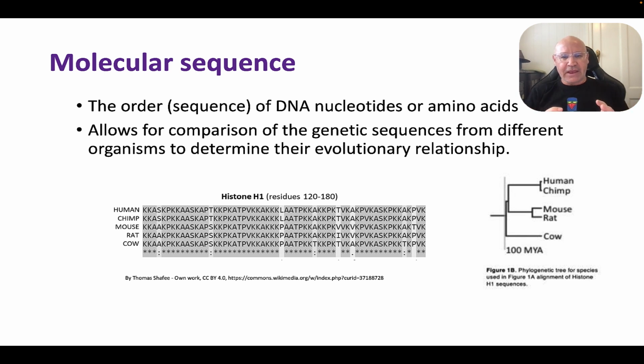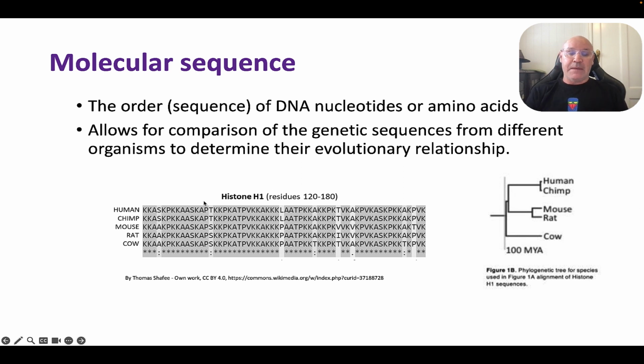So it's a process of actually having a look at what that sequence is, and it then is able to be used as a comparison between the genetic sequences of different organisms to be able to look at how they're related from an evolutionary point of view. The assumption is that the more similar the genetic sequences are, the more closely related they are, and the more different the molecular sequences, the more distantly related they are.